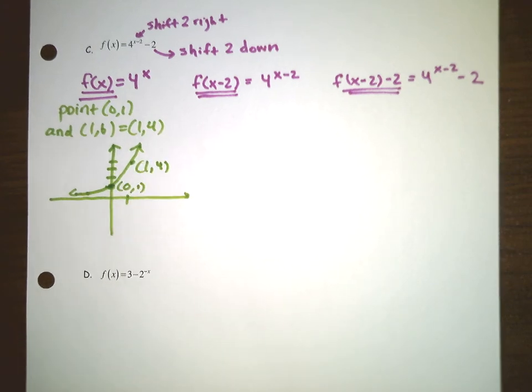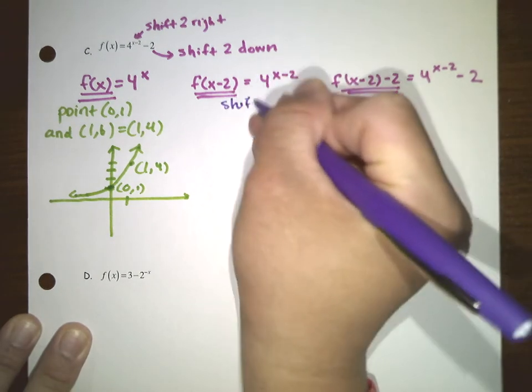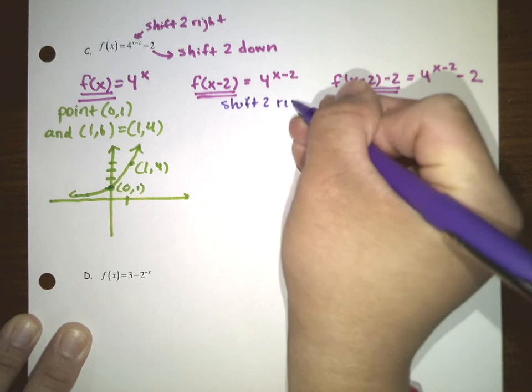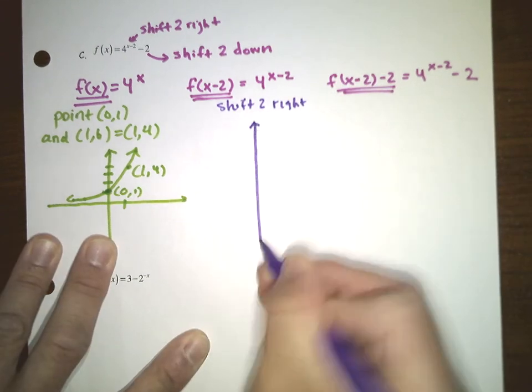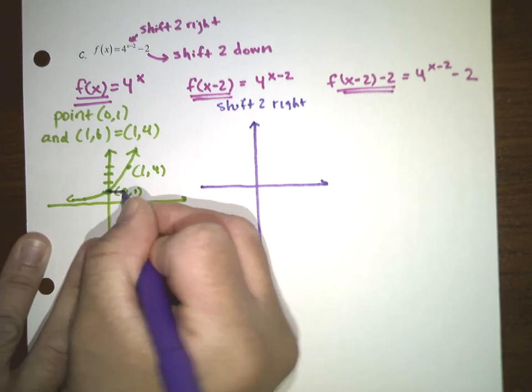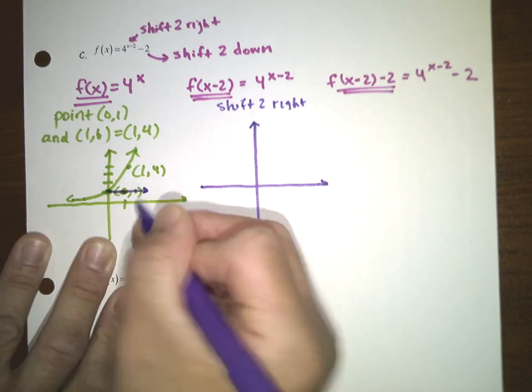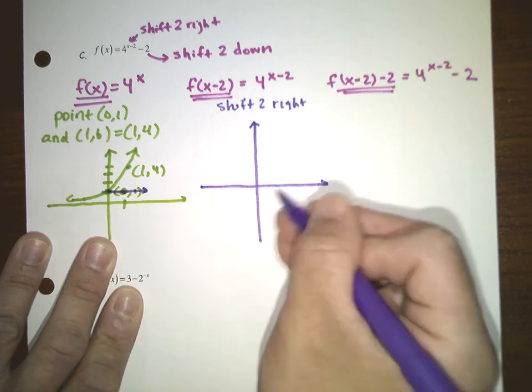And then what happens after that is I will go ahead and shift this 2 to the right. All right, so if I shift 2 to the right, then the 0, 1 goes 2 to the right, so it becomes 2, 1.